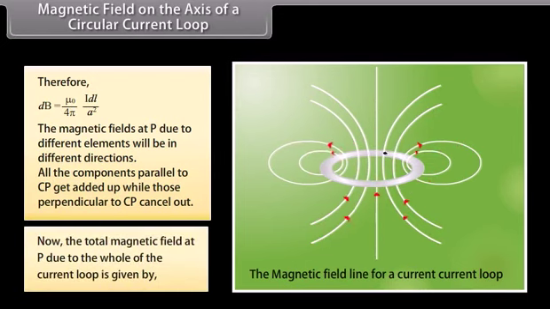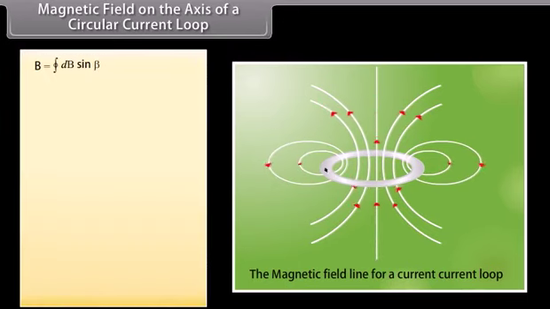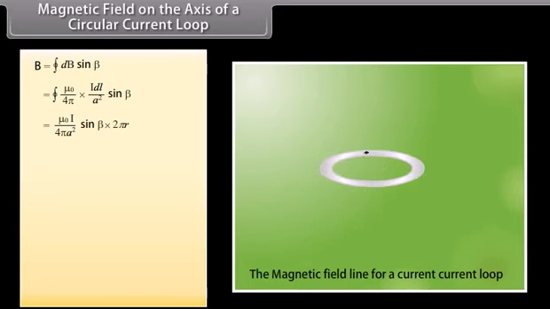Now the total magnetic field at P due to the whole of the current loop is given by the closed integral of dB sine beta. By putting the values in this equation, we get the total magnetic field at P equal to mu naught I upon 4 pi a square multiplied by sine beta and 2 pi r.